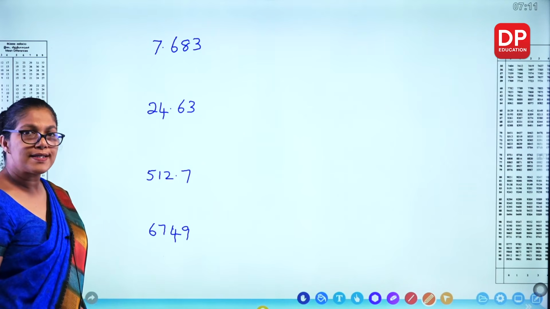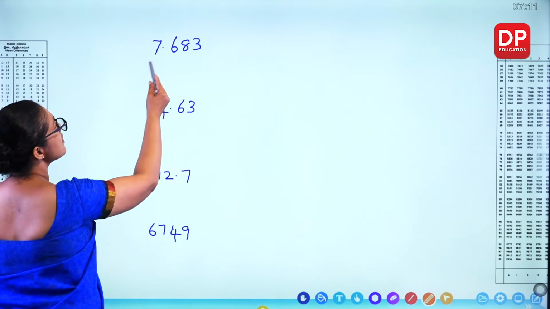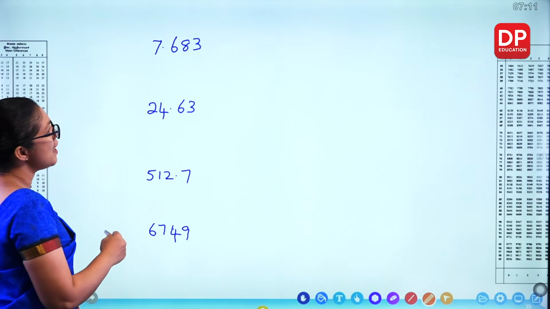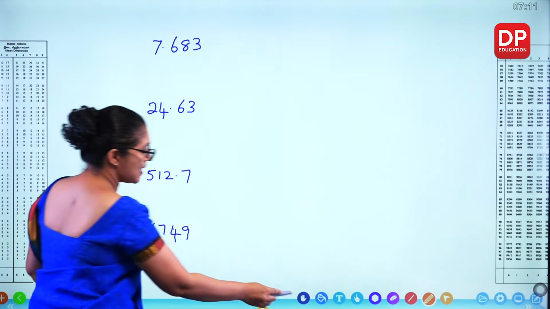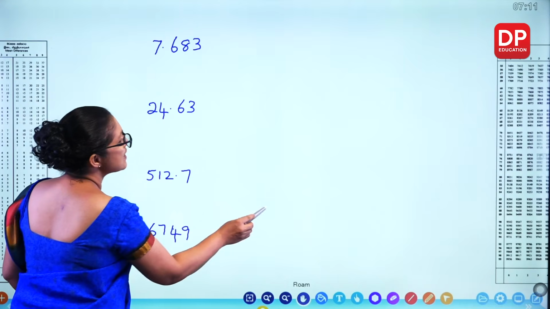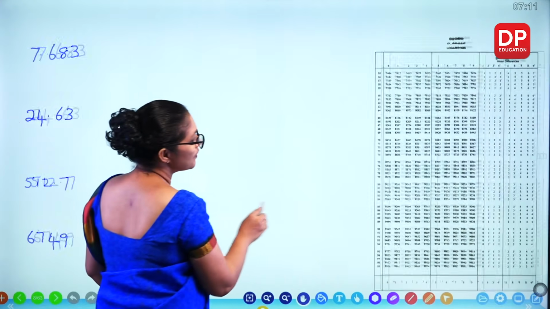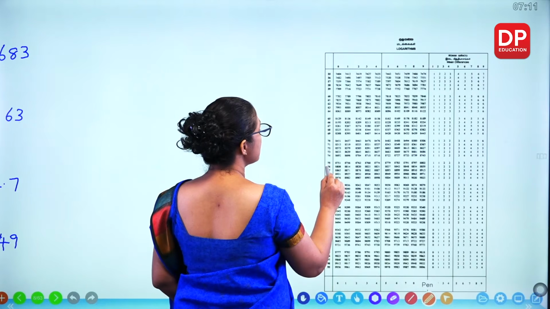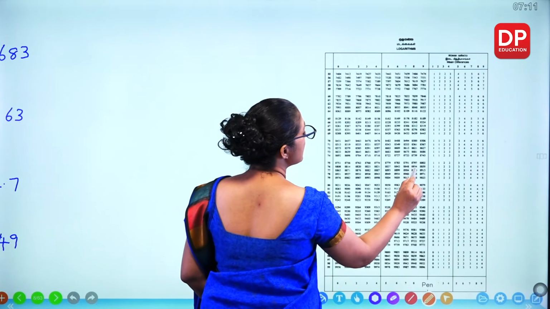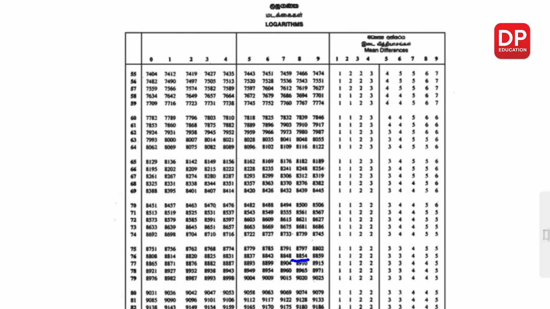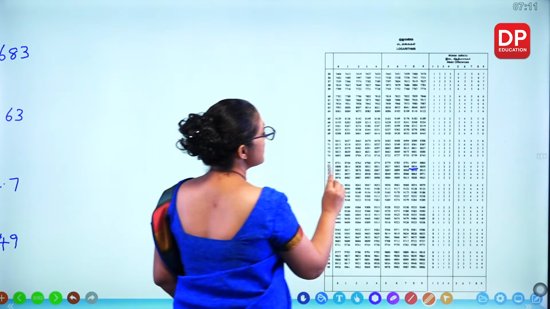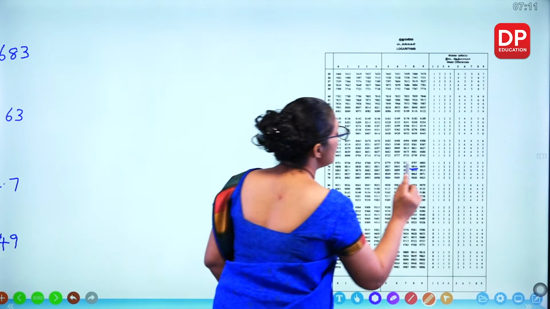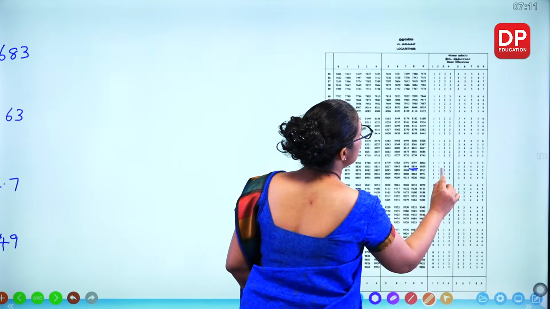We'll take some more examples. 7.683. Which table we have to refer? The second table, 7683. 76 is this one. 8 is this value. 76, 8 and the other one is 3. 3 is 2.